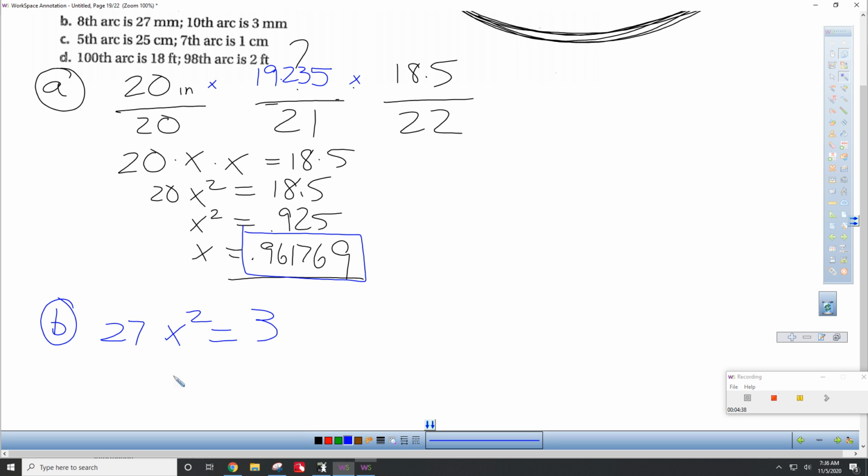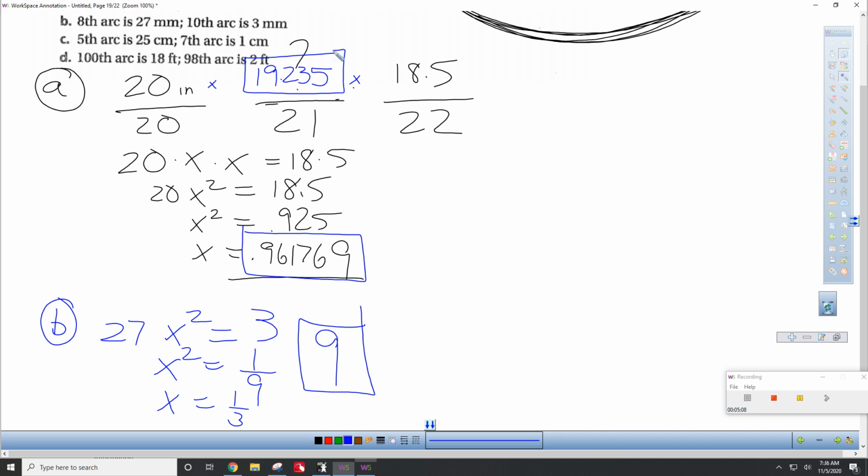So x squared is 1/9, and so x is a third. So when we take 27 and multiply it by a third, we get 9, and we take 9 and multiply by a third. So the next term would be 9. So the answer to B is 9. The answer to A was 19.235.